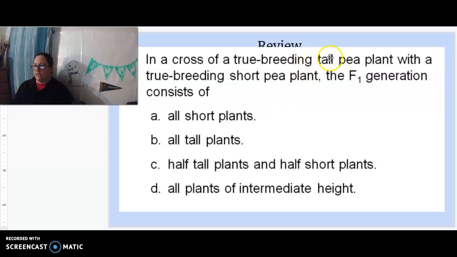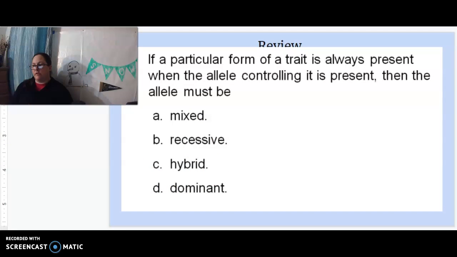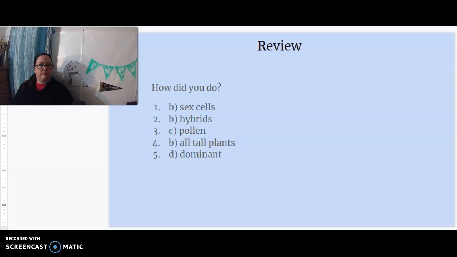So these would be homozygous tall, homozygous short, so 2 tall genes, 2 short genes. What will all of the F1 generation plants be? Or half, or whatever. What's the answer? And then, if a particular form of a trait is always present when the allele controlling it is present, then the allele must be what? All right, how did you do? Feel free to pause, go back, look up the answers if you need to.